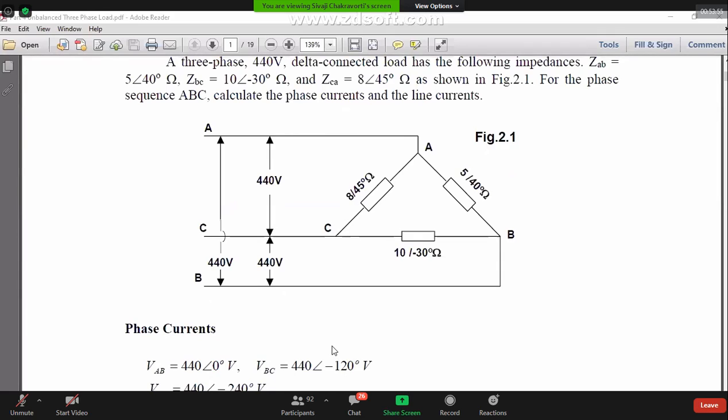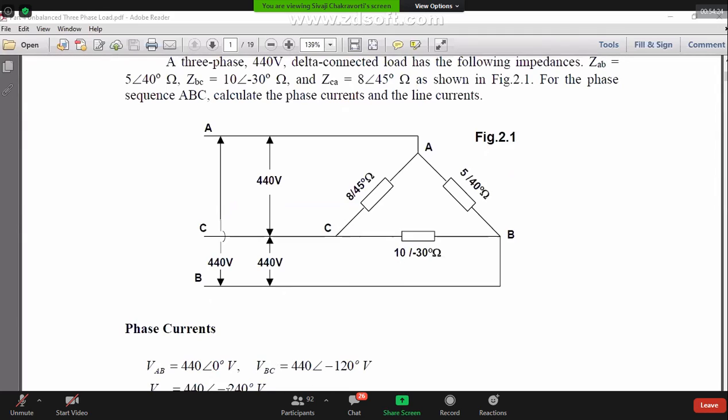Therefore, I have shown here the three line voltages to be the same. So you can see three line voltages are the same, but three impedances are different. So how do I calculate? Fortunately, in this case it is very easy because the source is balanced. So I can always say that the three voltages will have a phase angle difference of 120 degree.